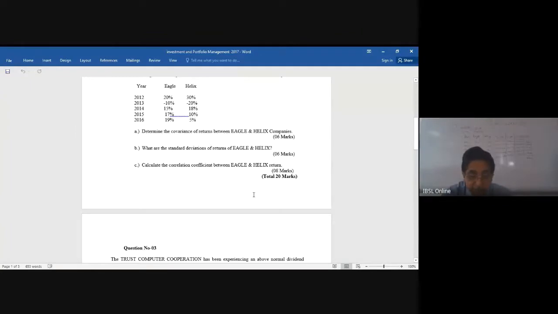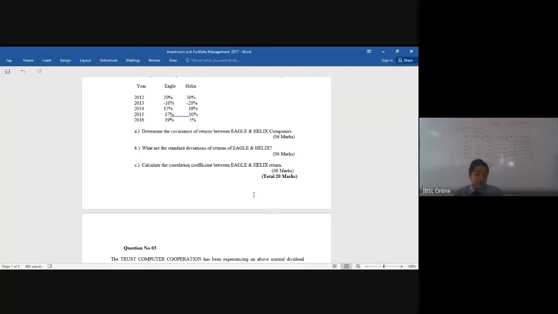In that case, what would be the answer if that question is there? You have to see whether the relationship between Eagle and Helix is significant. How do you see whether it is significant or not? If a correlation coefficient comes higher than 0.5, we call it a significant relationship.